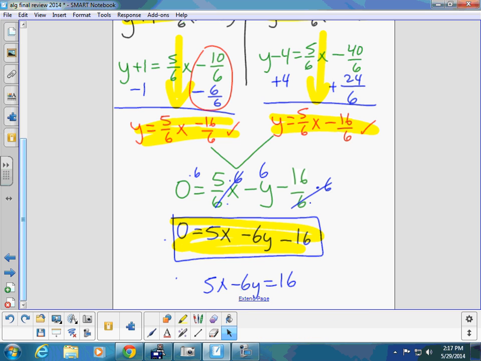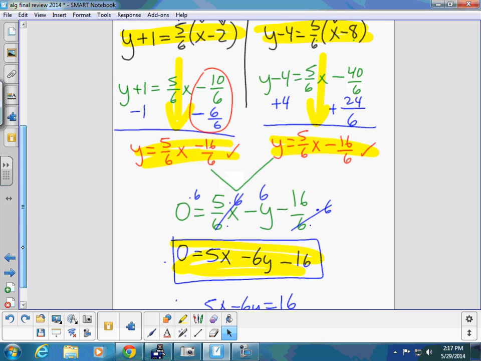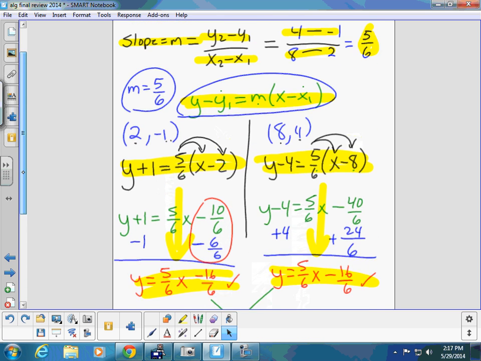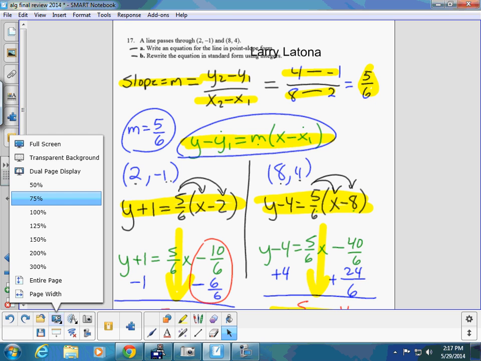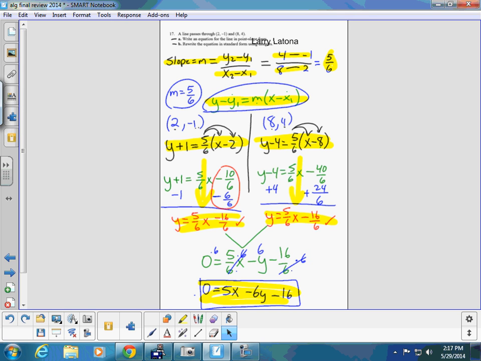So on the final exam, you are required to be able to do each one of these steps here. Take them one at a time, and it's not as bad as you think. If you stand back and look at it, slope is very doable, very easy to calculate with a calculator.